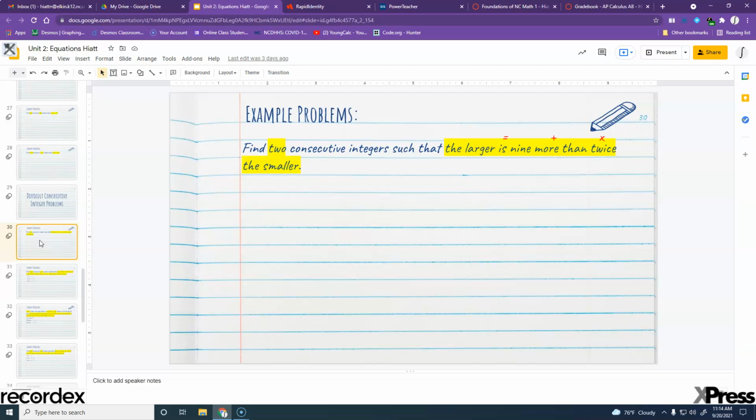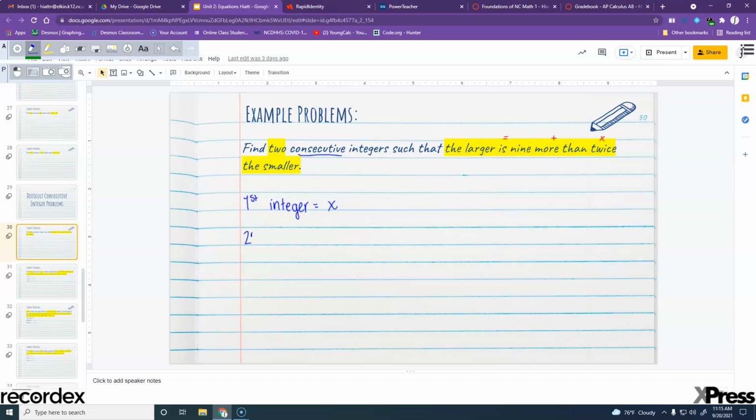Okay? So we are supposed to find two consecutive integers such that all this stuff in yellow, let's not worry about that right now. So we still got our first integer. That is going to be x, right?